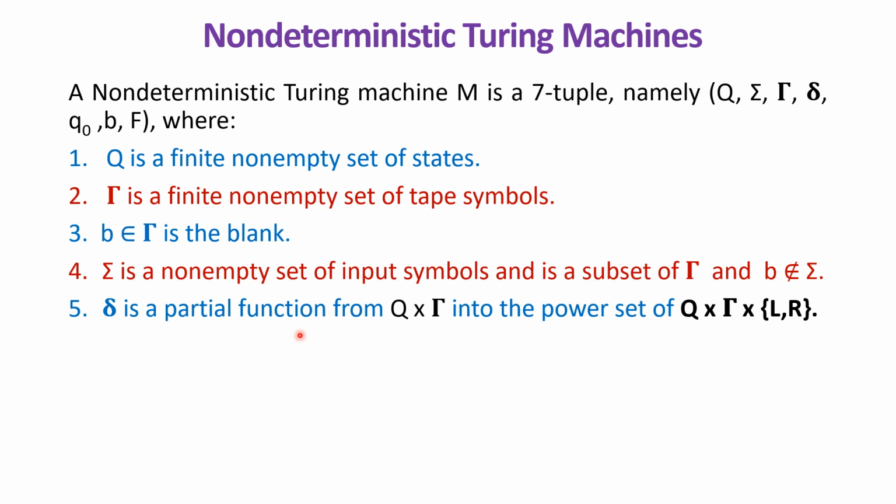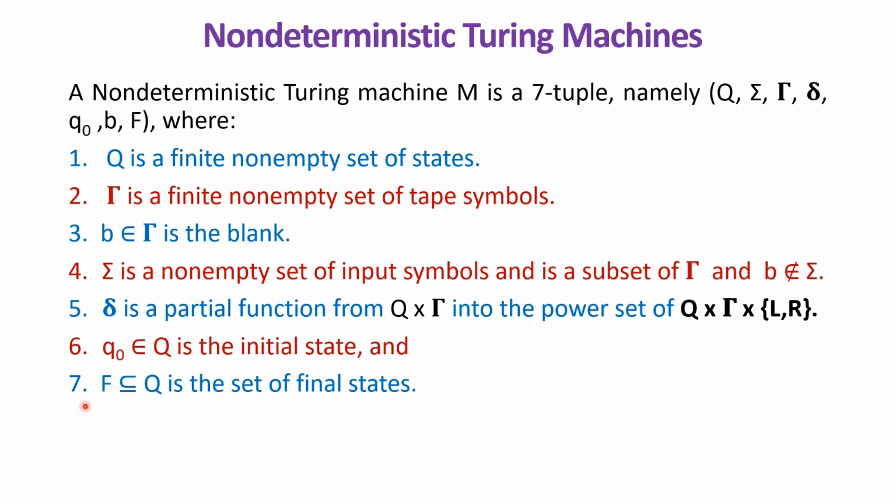Delta is a partial function from Q cross tau into the power set of Q cross tau cross left or right move. Q0 belongs to Q, which is the initial state, and F is a subset of Q, which is the set of final states.